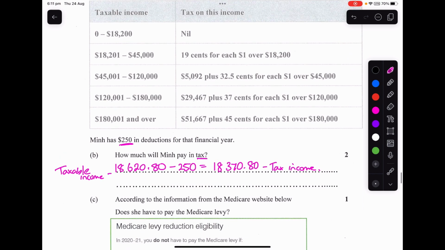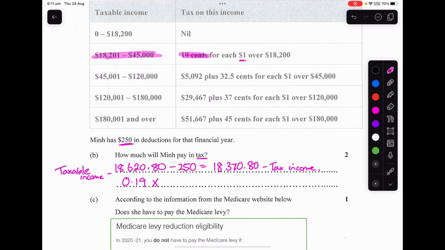So which tax rate are we looking at? We're looking at this one here because she's just over the 18,200. So when you're using the tax table, follow what it says. It says 19 cents, so 0.19 for each dollar over 18,200.